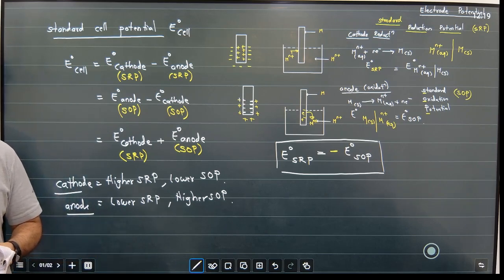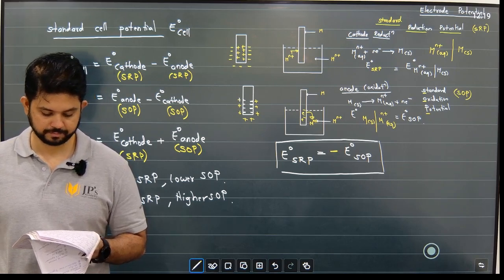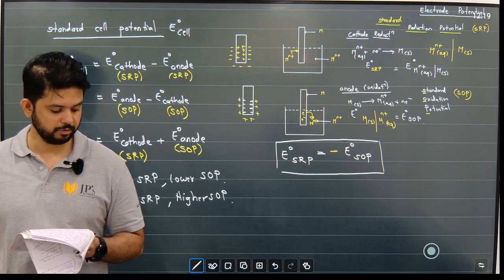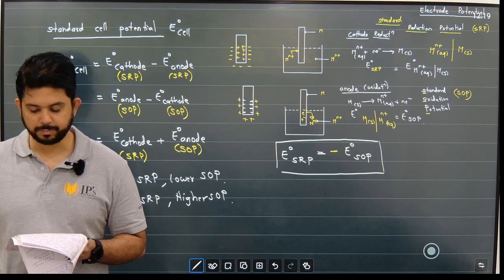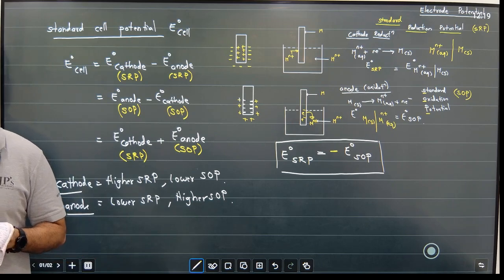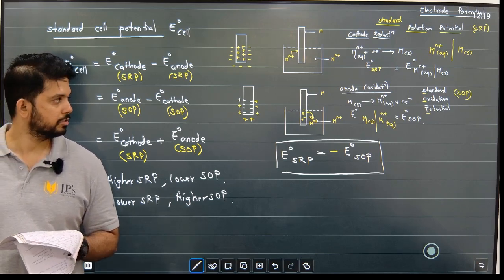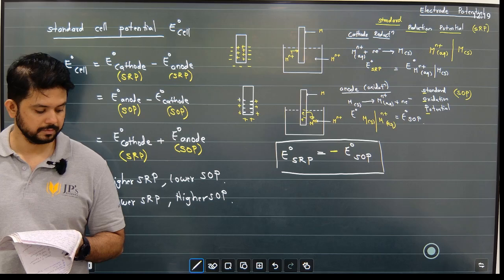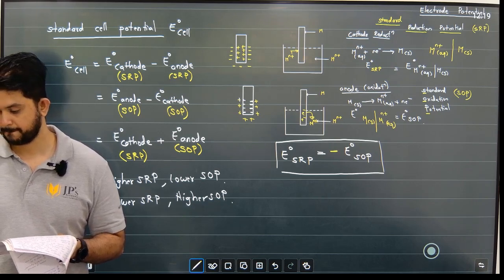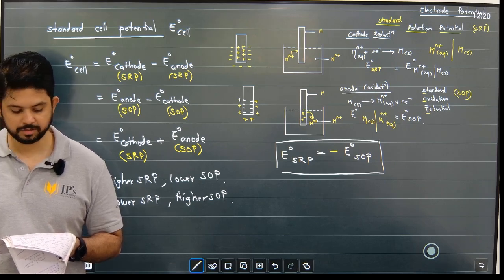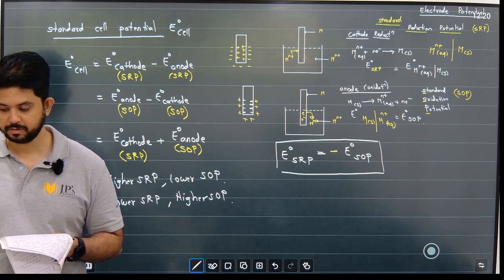Next point, the value of electrode potential depends on first, nature of the electrode, second, concentration of solution, and third, temperature.